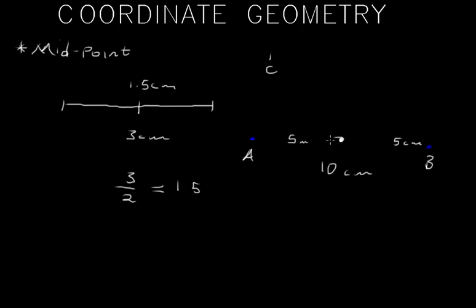Really easy concept, eh? So this is our point C. So now when we're dealing with coordinate geometry, we can identify the midpoint of 2 points that you've been given, and the concept is basically the same as what we have been looking at.